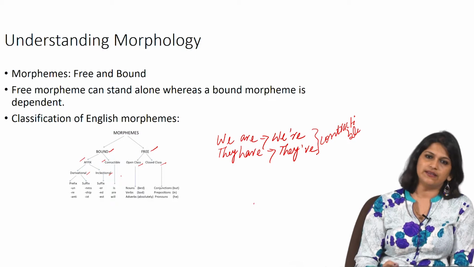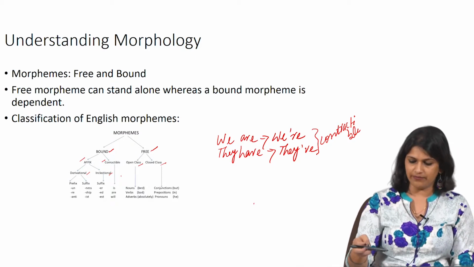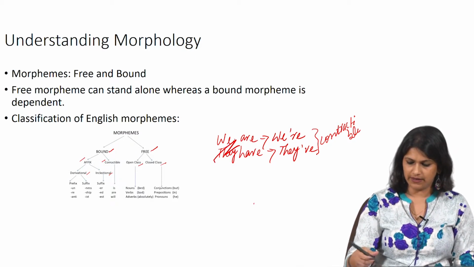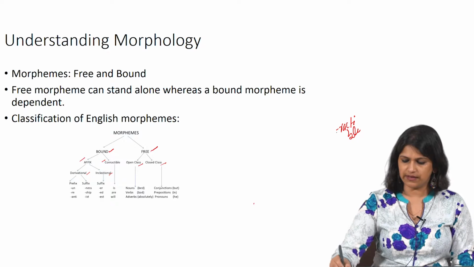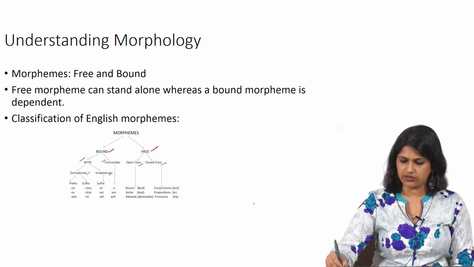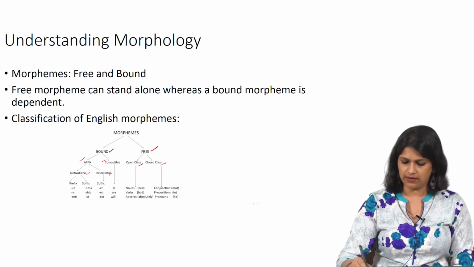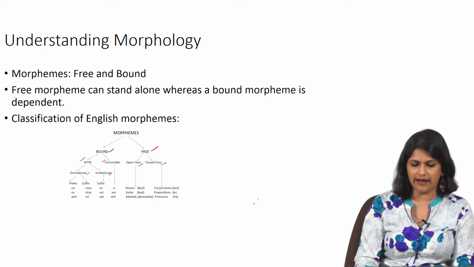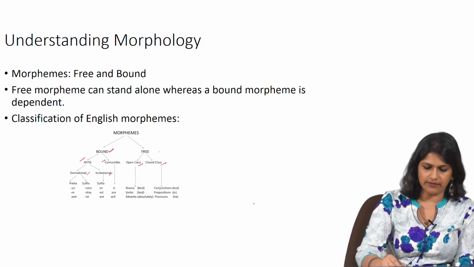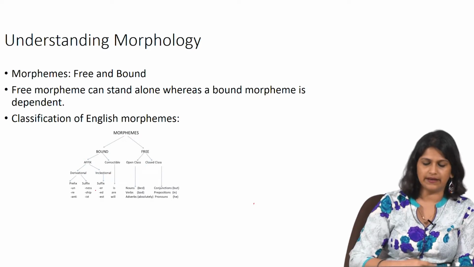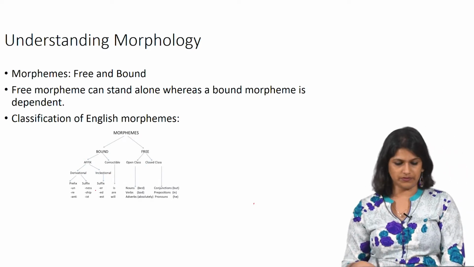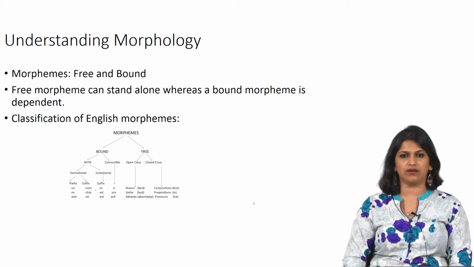Now, this is the time for some kind of analysis related to the derivational and inflectional, or for that matter, let us try to figure out some work that we can do together to identify the free and the bound morphemes. So, we will begin with a very complex word.